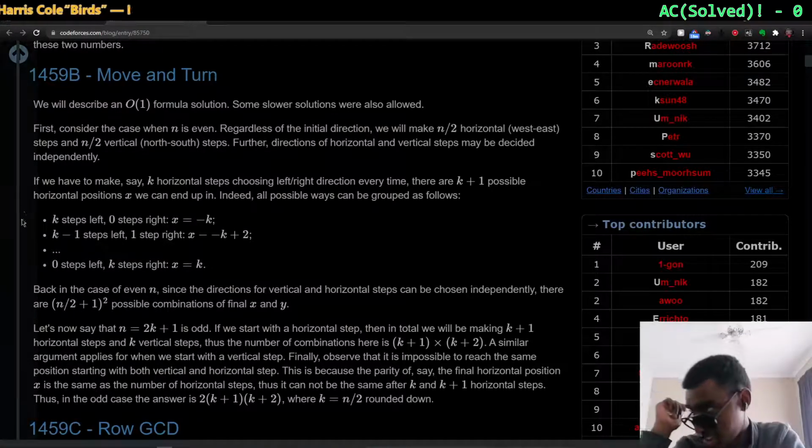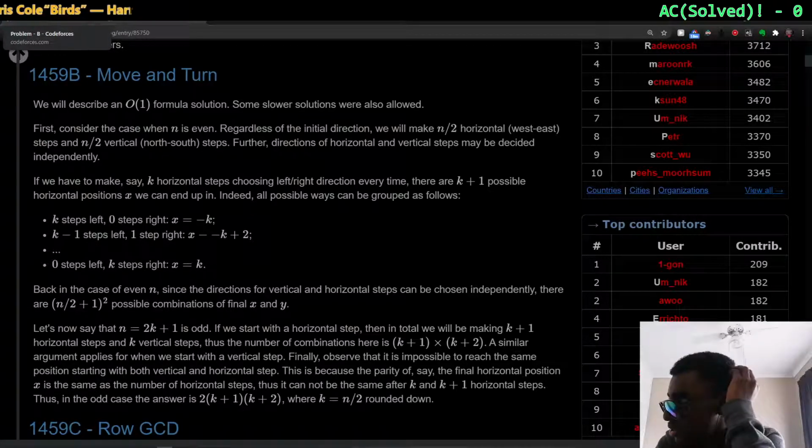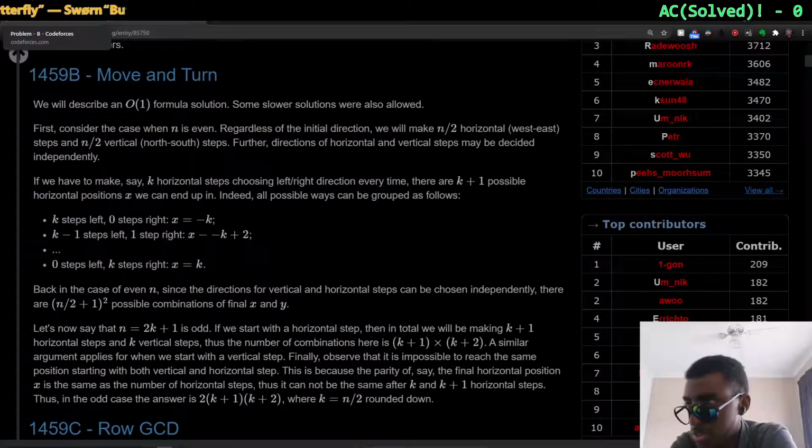You know it's peak when you don't understand the solution, but I just need to think about it. If we make k horizontal steps using left or right every time, there are k plus 1 possible horizontal positions x we can end up in.